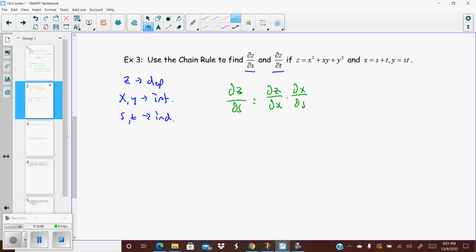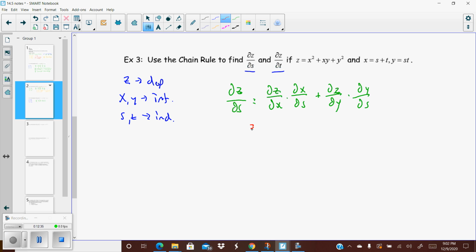Since there's two independent variables, I don't want the partial of x with respect to t, and I can't take a full of x with respect to s because x depends upon both s and t, and so does y. So you can't do it that way. Plus the partial of z with respect to y times the partial of y, once again, with respect to s, because that's the variable. So you notice there's no t's in this one at all.